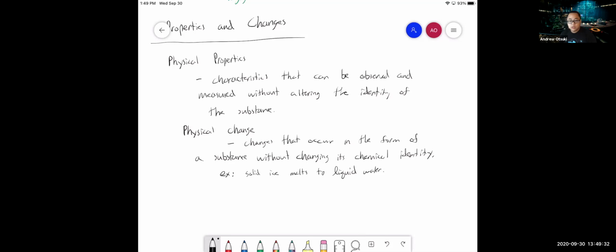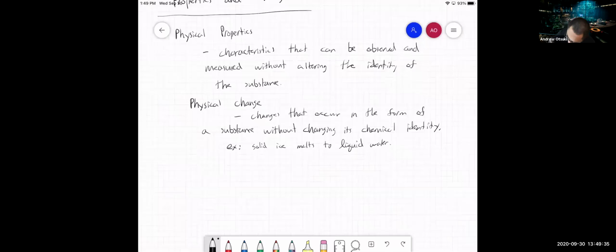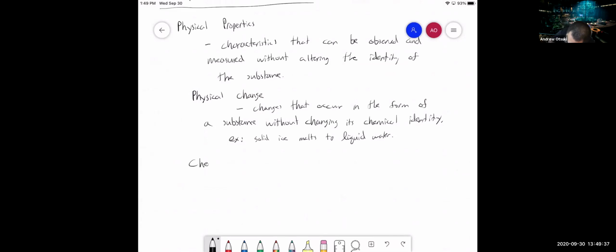Okay, so now let's talk about chemical change. What do you mean by that? It's just the opposite. The chemical identity of a substance is destroyed, or basically you turn it into something different entirely, and a new substance forms.